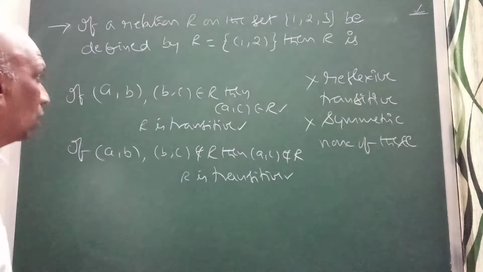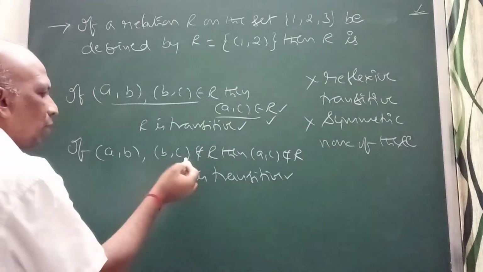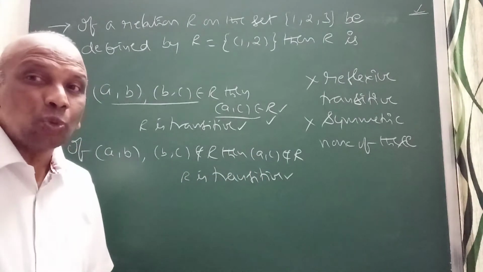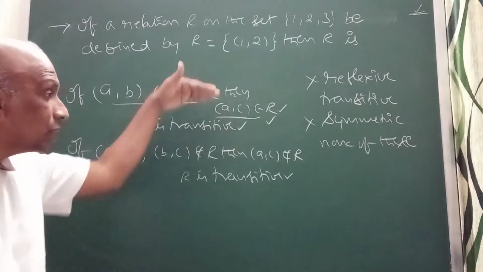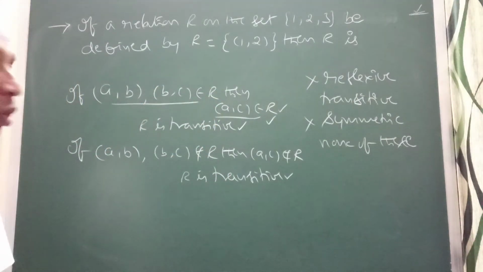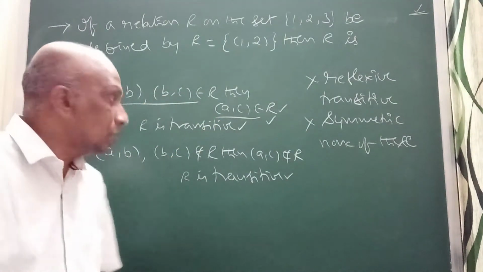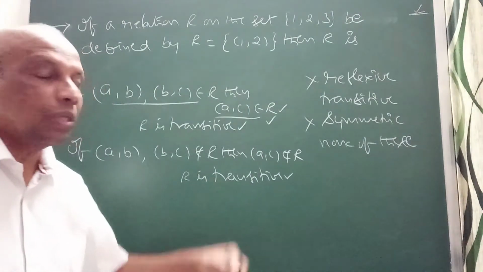Remember, be careful. When both belong to R, then (a,c) should be required. Both meanings are the same. So when (a,b) and (b,c) are there, I want (a,c). Suppose (a,b) and (b,c) both are not there, I don't want (a,c). Obviously it is transitive.